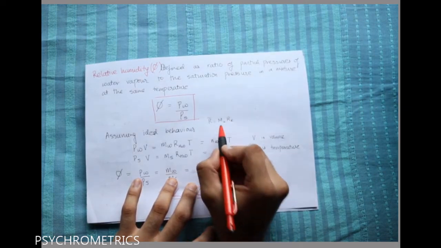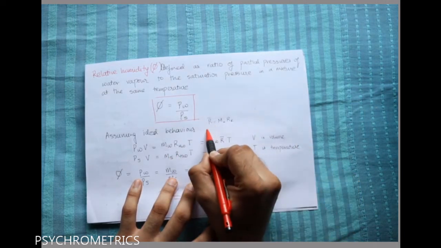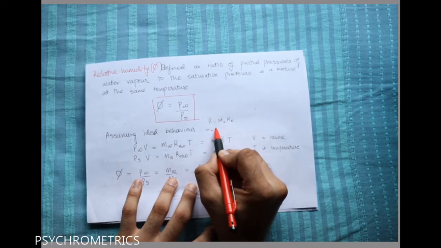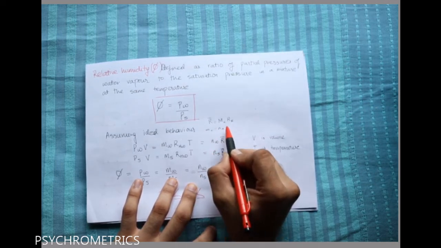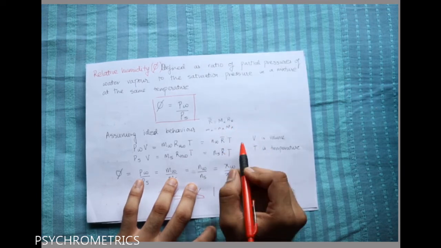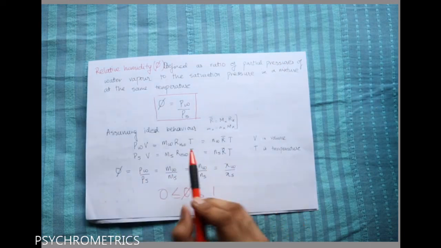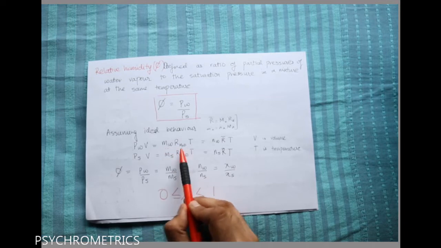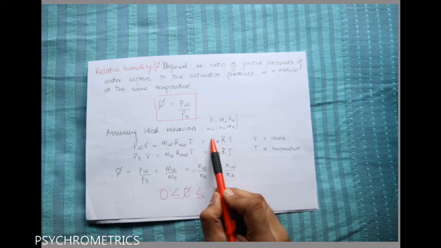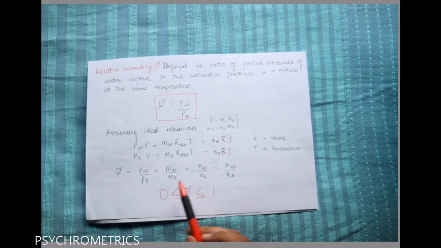Mass of gas X is equal to the number of moles of the gas times the molar weight of the gas. Combining these two, we get the expression that the mass of the water vapor times the gas constant of the water vapor is equal to the number of moles of water vapor times the universal gas constant.